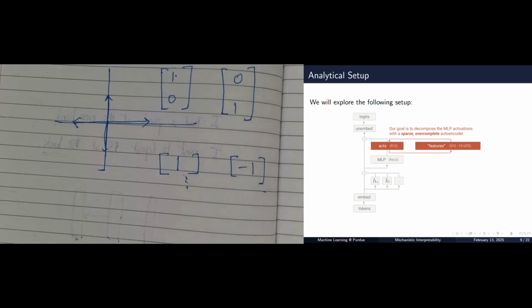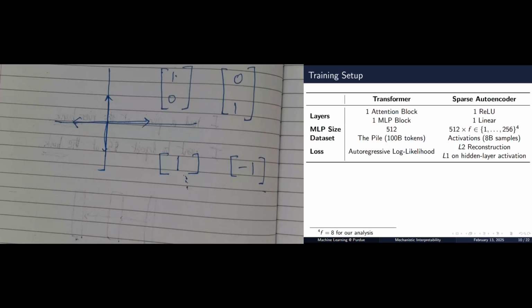So you're basically creating a hook on the output of this latent feature and storing it, making a data set out of all of the activations over a bunch of queries, and then you train a neural network to decompose those activations from this small space into this bigger space. And then we study the bigger space to figure out what it's actually doing. And that's how we reverse superposition, basically.